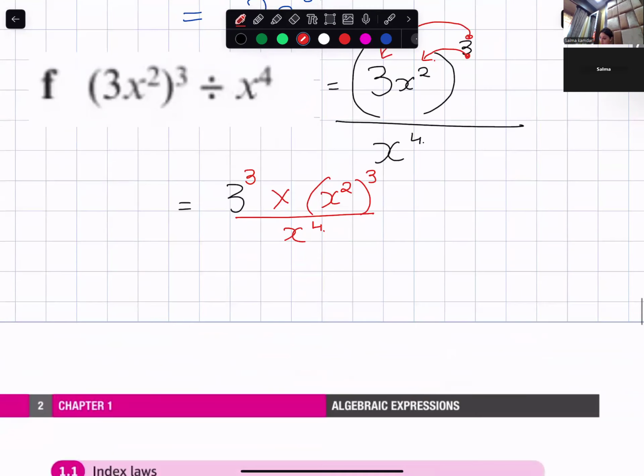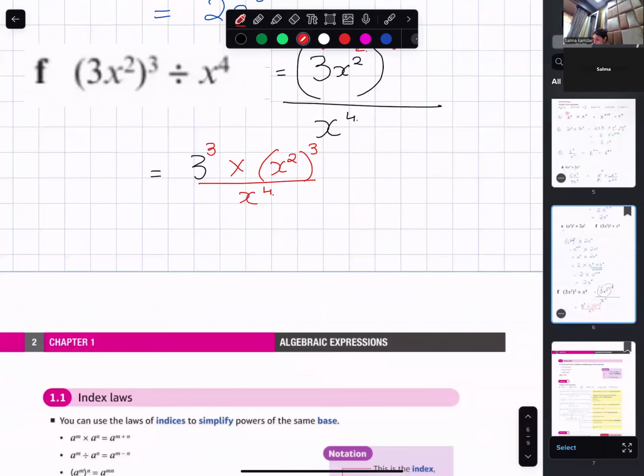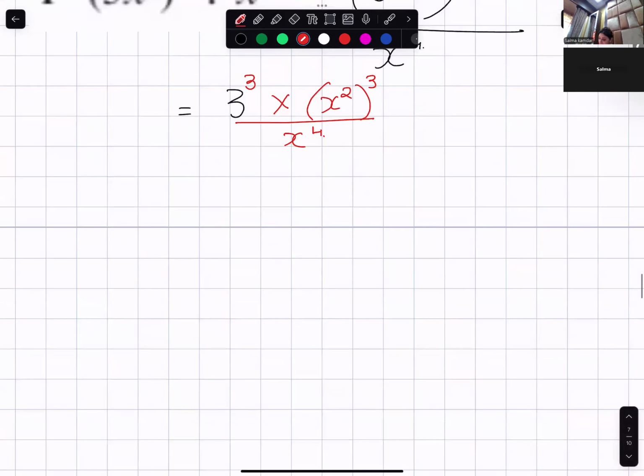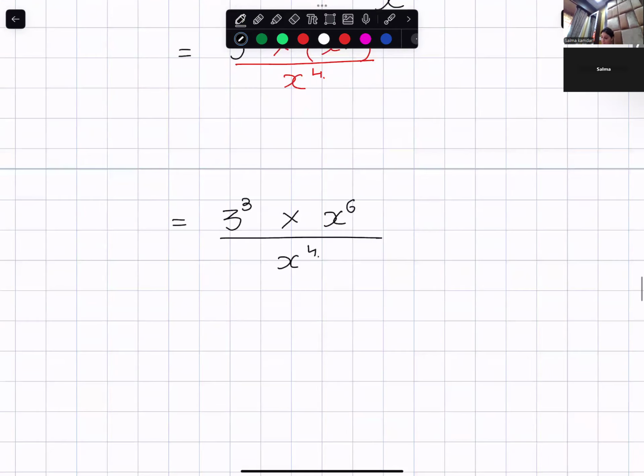To apply the law of indices, I need the base to be the same. So this would become 3 cubed multiplied by x raised to 6 over x raised to 4. Split the numbers, split the variable since it is a multiplication sign.